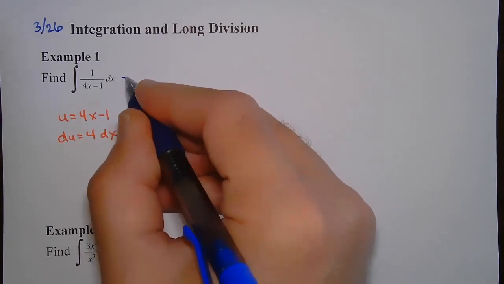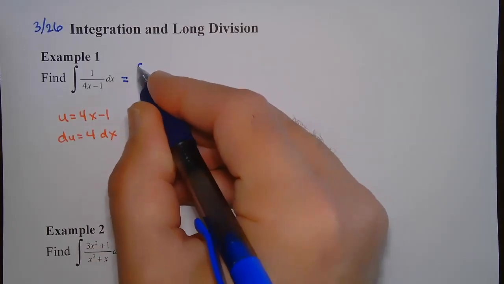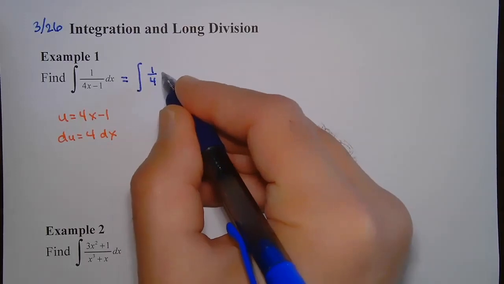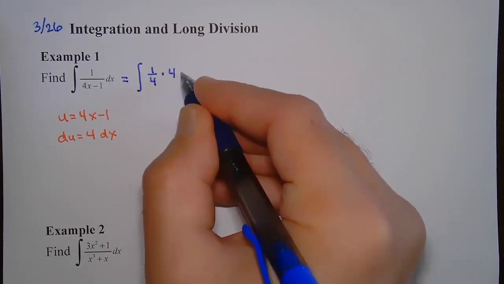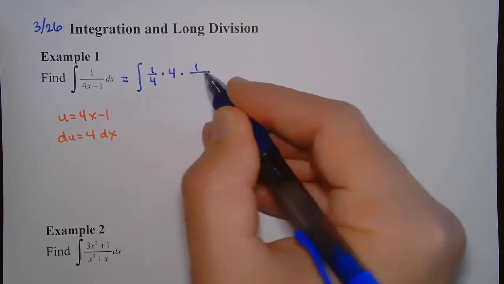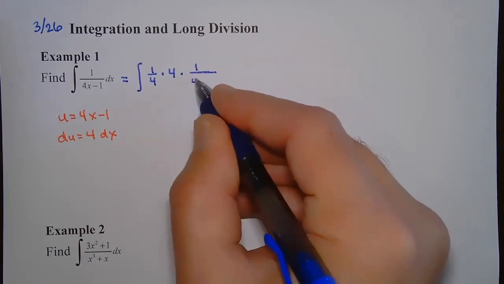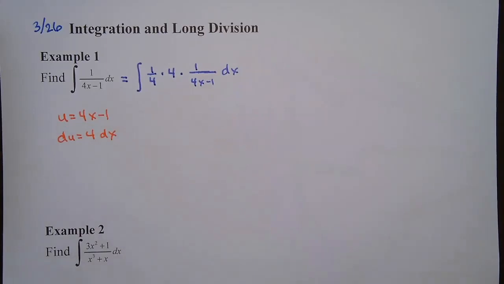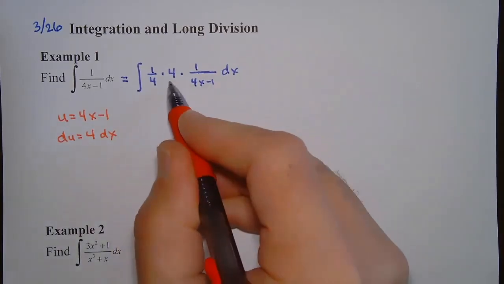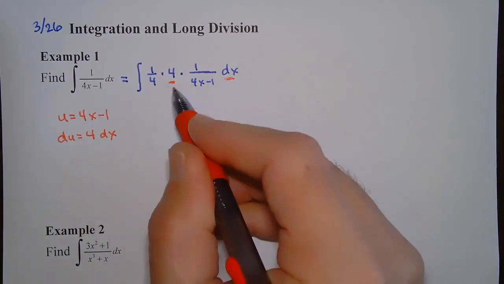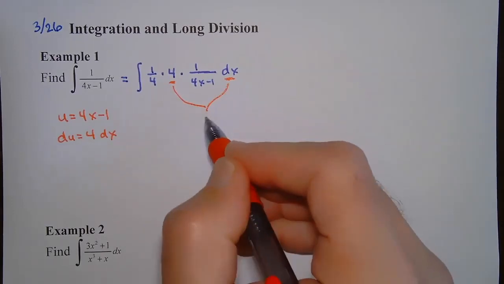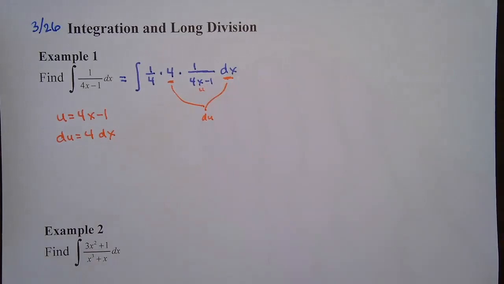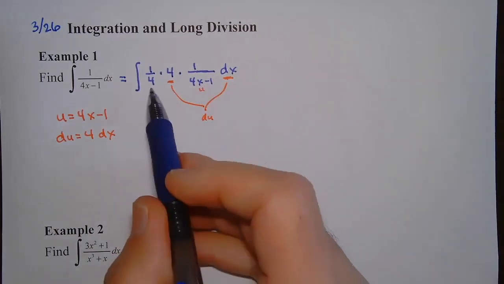So this is equal to the integral of 1/4 times 4 times 1 over 4x minus 1 dx. The 4 here, along with the dx, is going to make up my du, and this part right here is going to be my u. So this 1/4 is going to get pulled out.